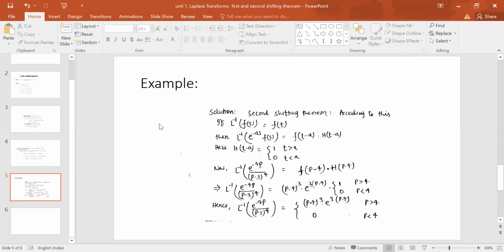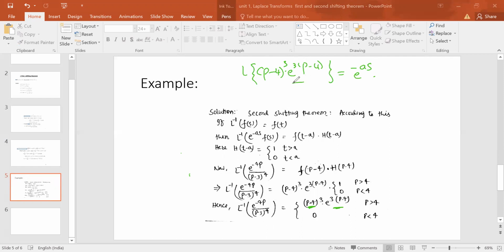So therefore now, according to the definition, what we can do is take the Laplace transformation of the product of two terms, where the variables in the two functions should be the same. Like this, p minus 4 whole cube and e power 3 into p minus 4 are there. So the product of these two terms means here the function is considered as p minus 4 whole cube into e cube into p minus 4. So the Laplace transformation of this we are supposed to find, which is nothing but e power minus as, okay, into f bar of s.